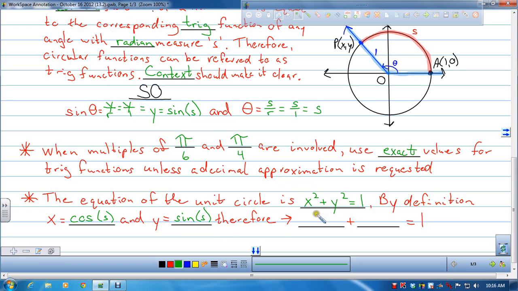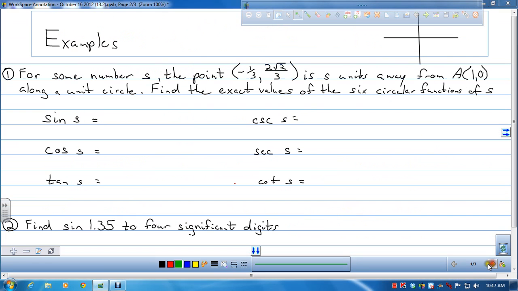Therefore, if we do a little substitution, the cosine squared of s plus the sine squared of s will be equal to 1. Okay. Now we'll go do some examples. Hopefully that will clear up any confusion you might have up to this point.